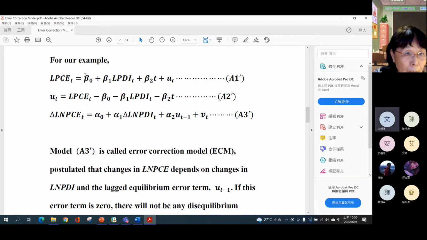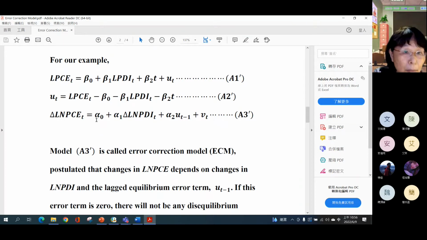So when they use the error correction model, this is our original co-integration regression, right? For A1 prime, this is our original co-integration model. And this is our error correction model. So which are you talking about?